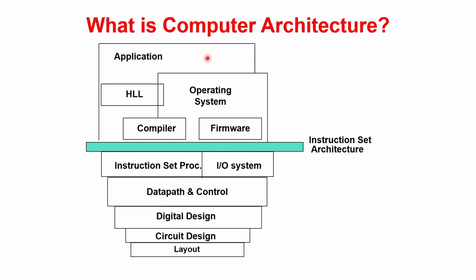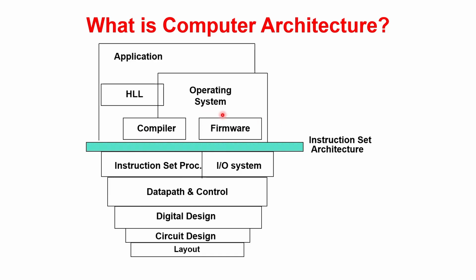So that is your application side, and we are interacting with this layer directly. Below that there are the high level language, operating system, compiler and firmware. The compiler translates high level code into instructions and the operating system manages the resources.